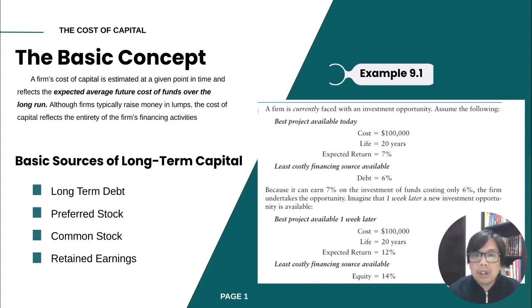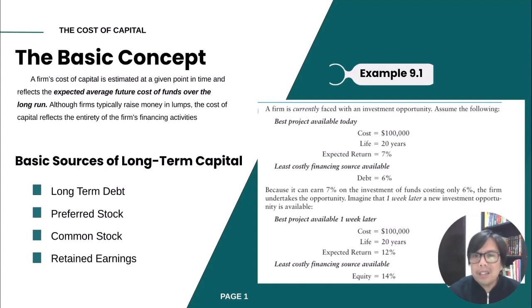The least costly financing source available, debt, is 6%. Because it can earn 7% on the investment of funds costing only 6%, the firm undertakes the opportunity.